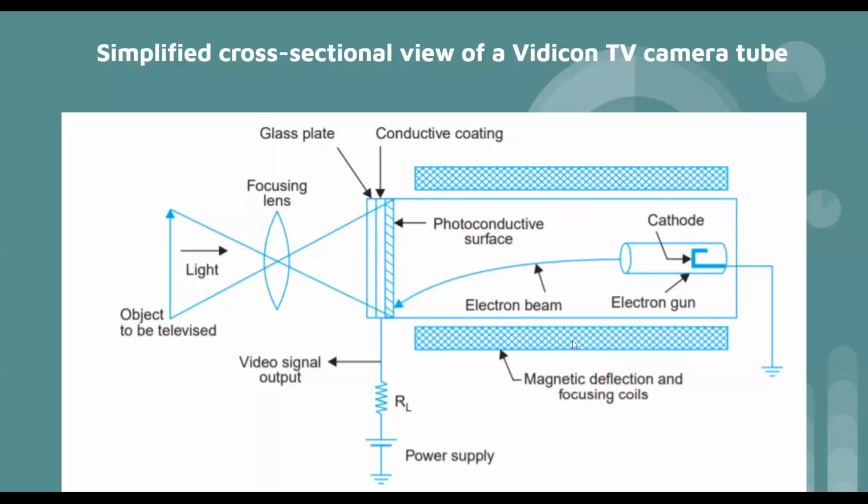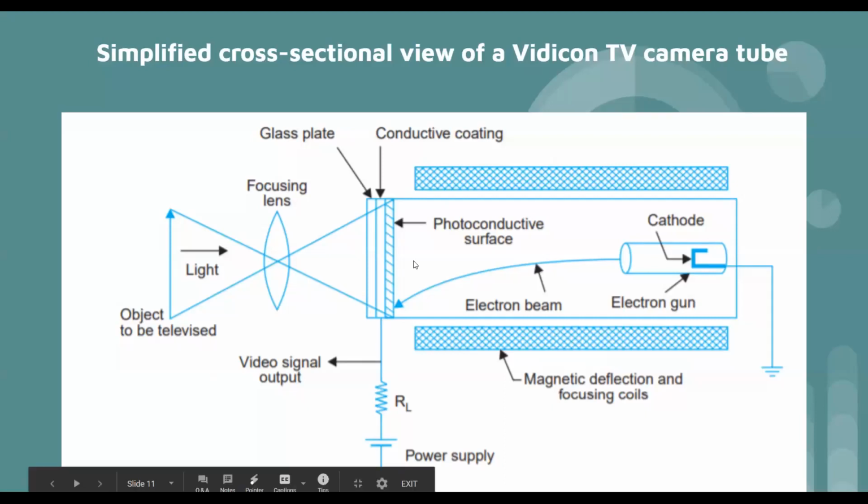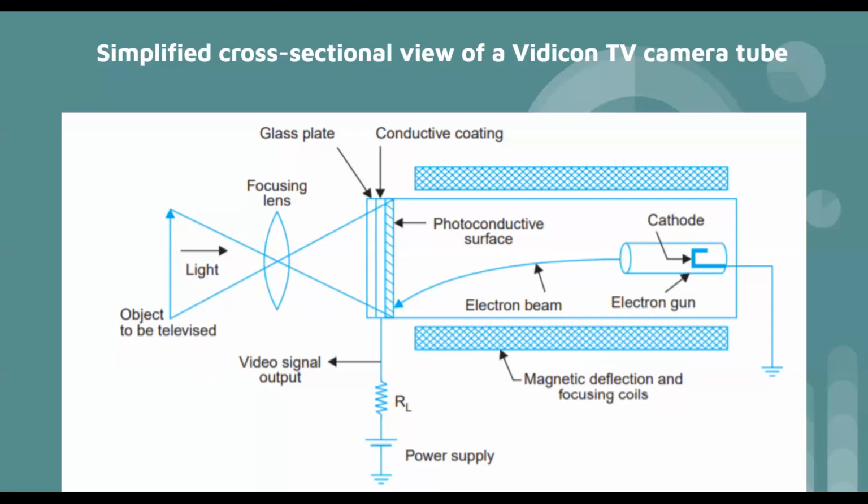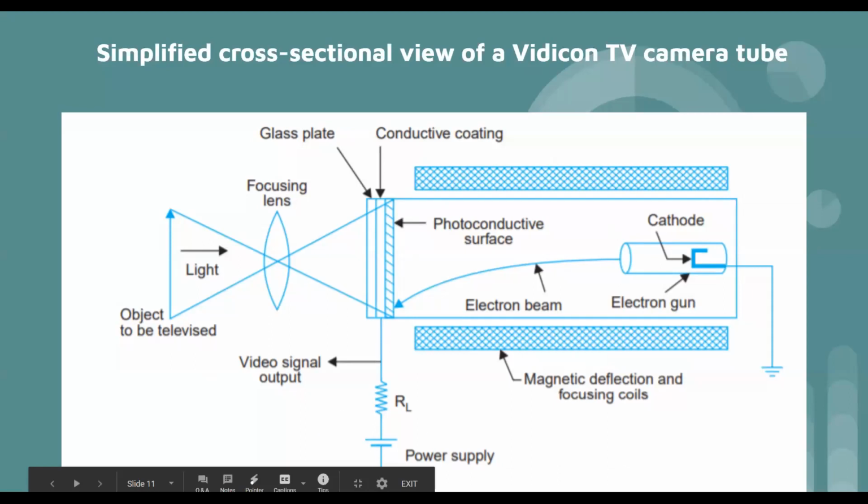So this will result in a flow of current which varies in magnitude as the elements are scanned. Therefore these elements are scanned, and current passes.